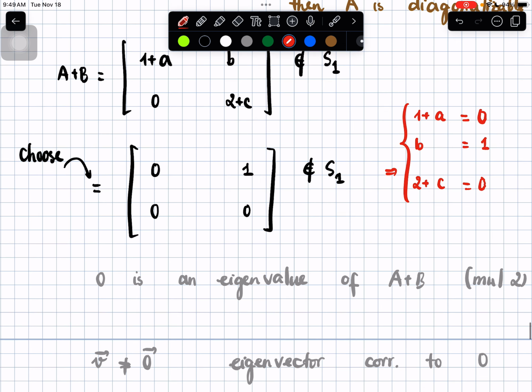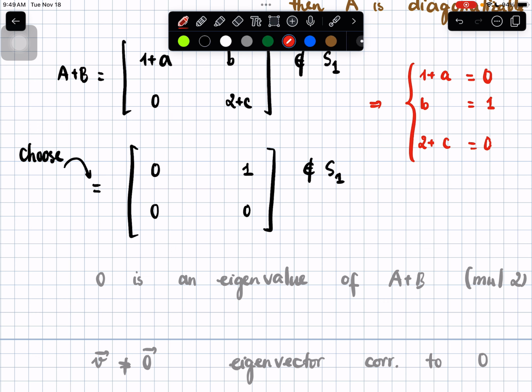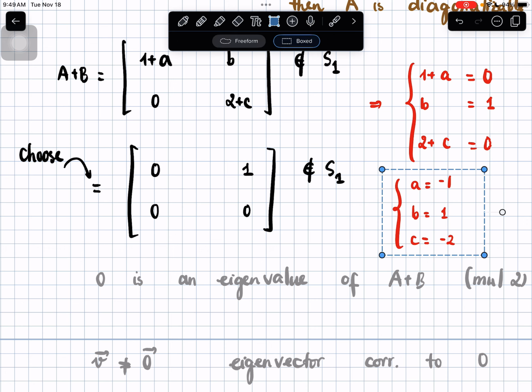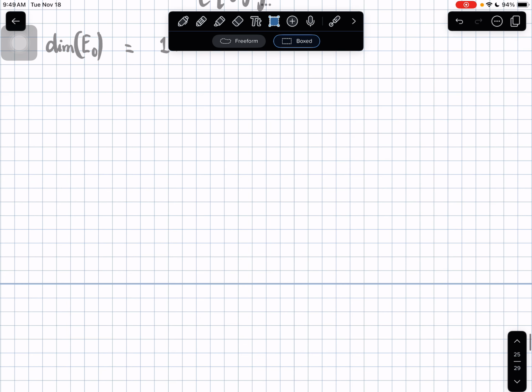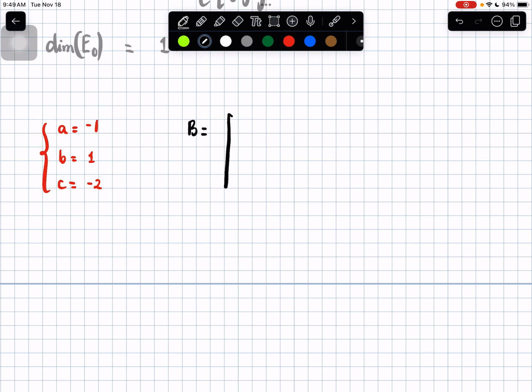So we know that A is minus 1, B is 1, C is minus 2. So we have an explicit example of matrix B, which is minus 1, 1, 0, minus 2.